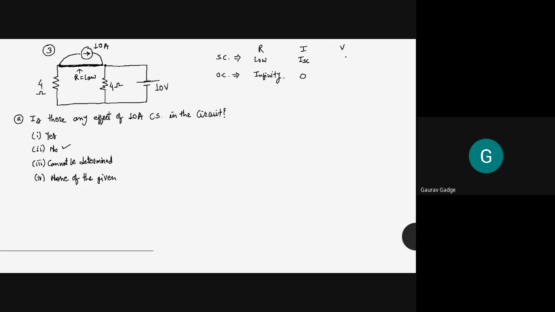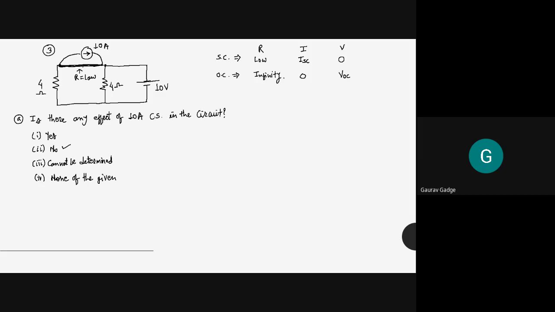For voltage, under short circuit the voltage is 0, and for open circuit the voltage is called the open circuit voltage. We are going to use this fundamental many times in electrical engineering, in network analysis, the control system. So all of you please check this for short circuit.